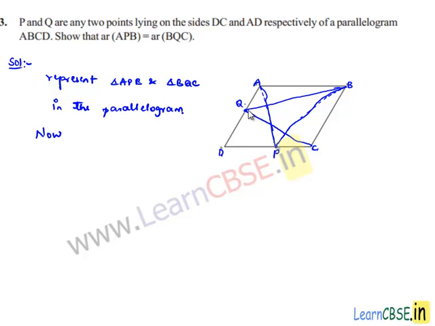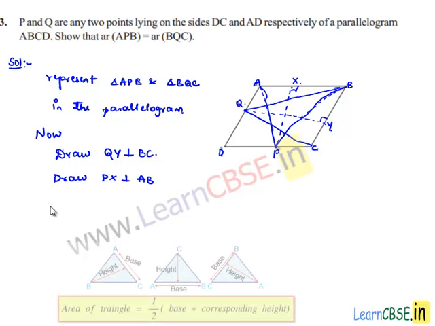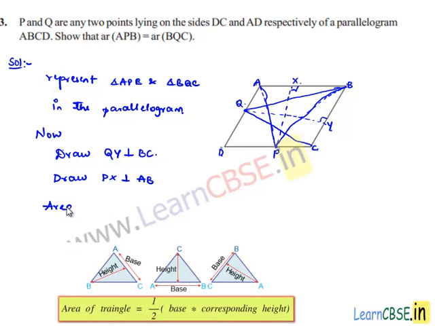Now from Q, draw a line perpendicular to BC, that may be QY. We have drawn QY perpendicular to BC, and also draw PX perpendicular to AB. Now separately let us find the area of both the triangles.